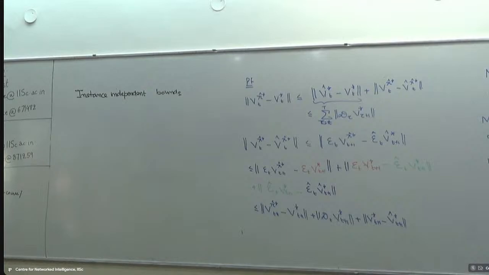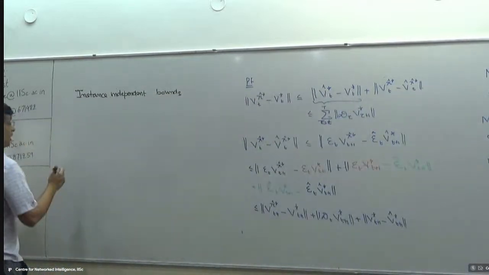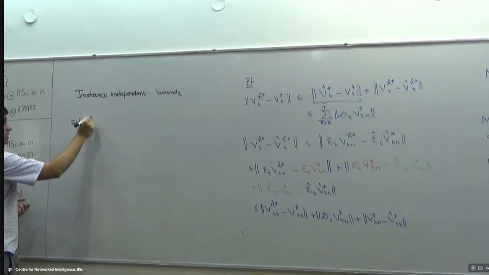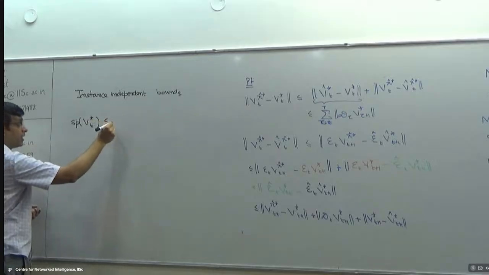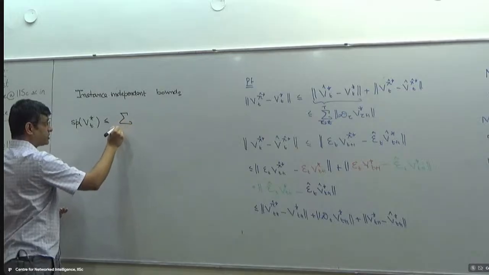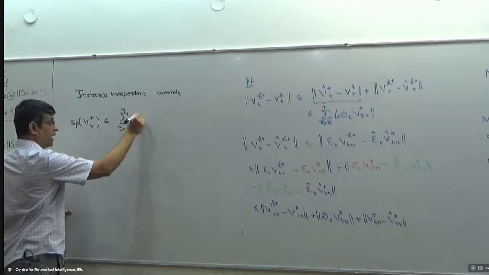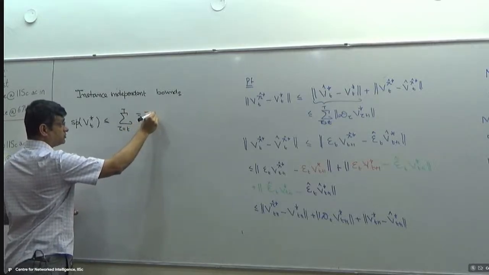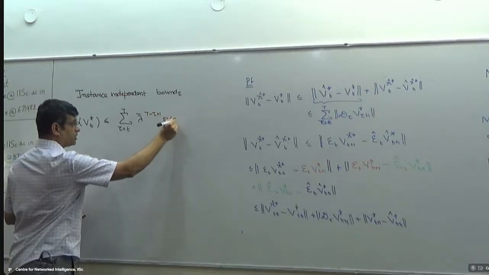And for that, what we showed last time is that the span of V star t is upper bounded by something like lambda bar to the power t minus tau plus 1 times the span of c tau.